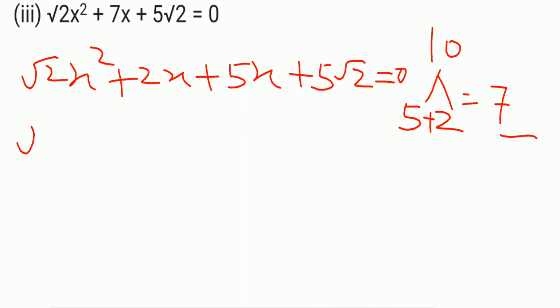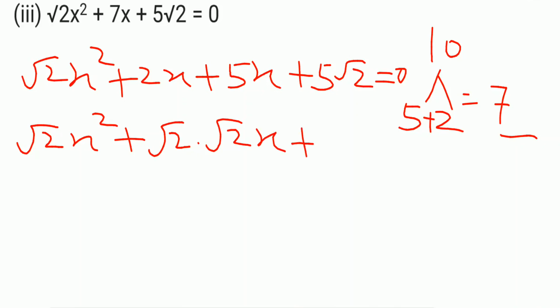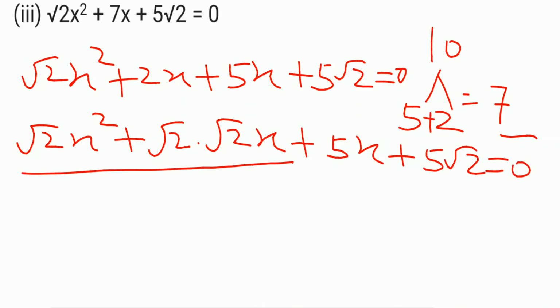Now once again in a little different manner I'll write down 2 means what? I can write down root 2 into root 2 and x as it is plus this 5x as it is, I'll keep 5 root 2, which is equal to 0. Now see, from first these two terms, what I will take common?